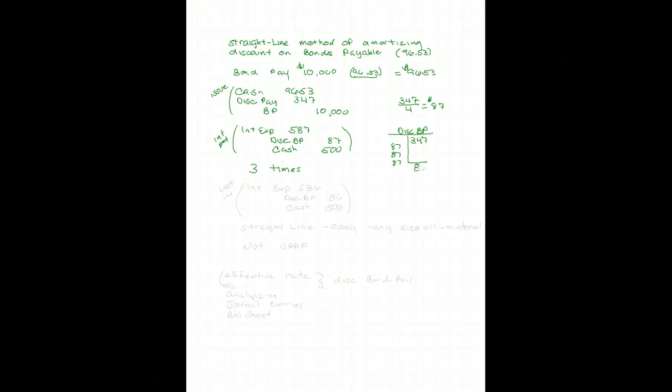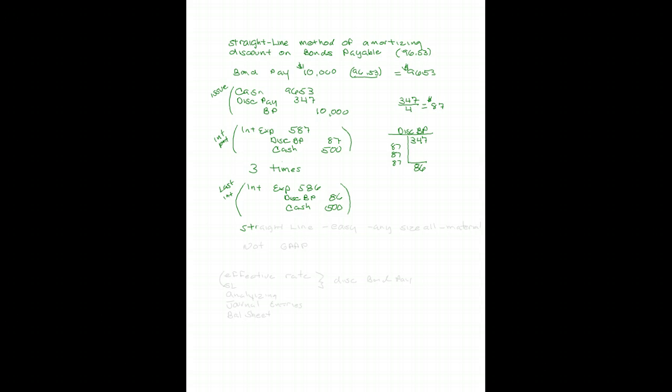Be left with $86 in there, and so the last interest payment would take care of that, and it would be interest expense, cash, and discount on bonds payable, taking it to 0. Take the 86 out of there, pay our cash of $500, and interest is $586. So you amortize straight line, take it evenly out of the discount account.